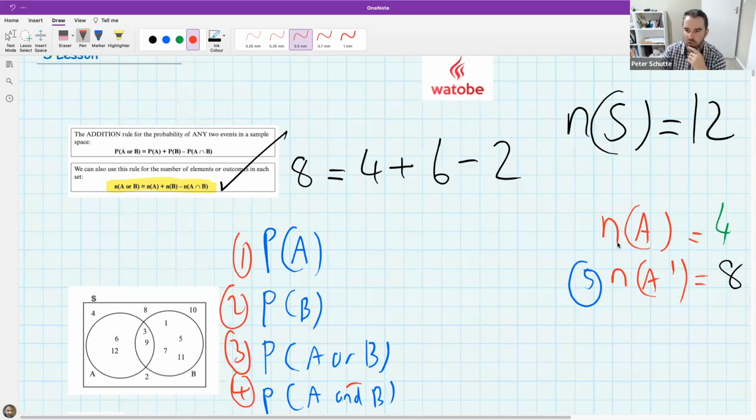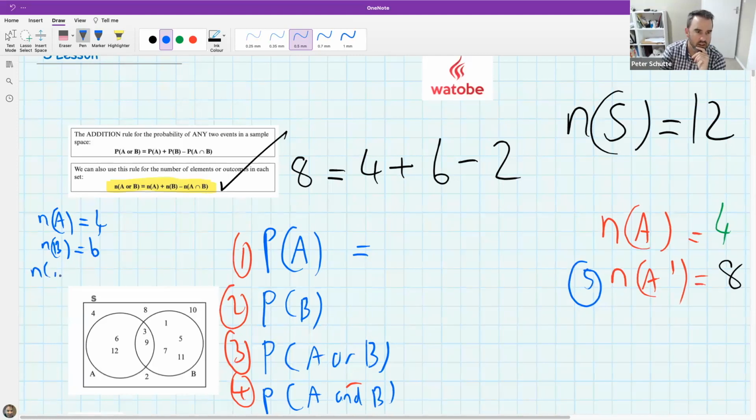And I want you to use what we have seen so far today to help you work out the answer to this. So we had, the n of A was 4, n of B was 6, the n of A or B, sorry, this was actually 8.